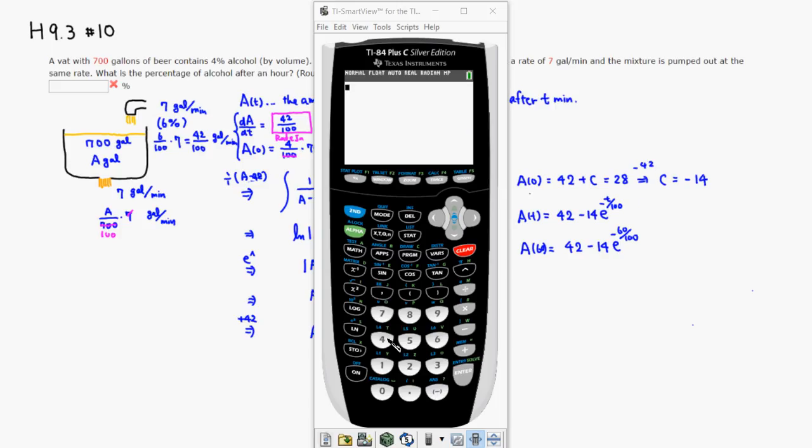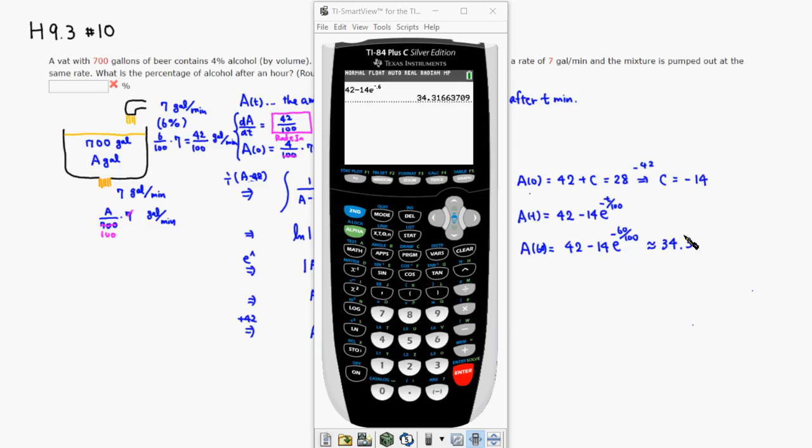That's 42 minus 14 times e to the negative 0.6. This came out to be 34.316, about 34.3.